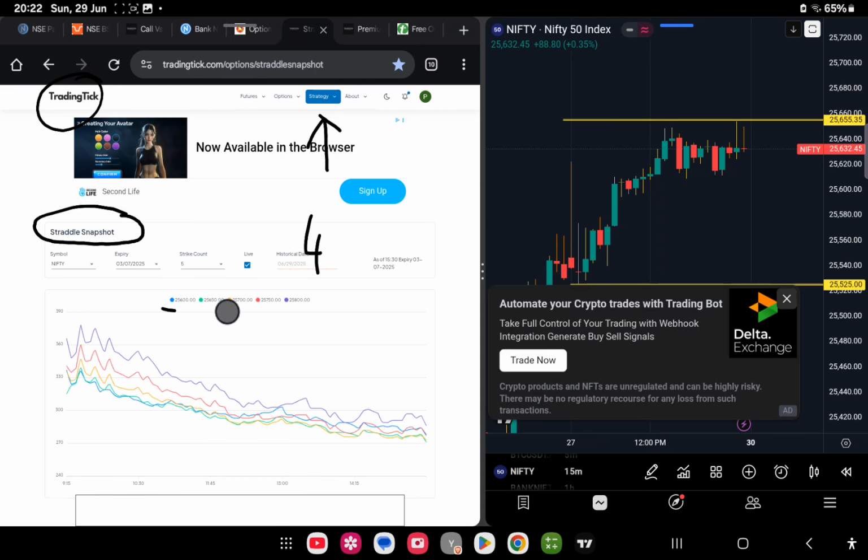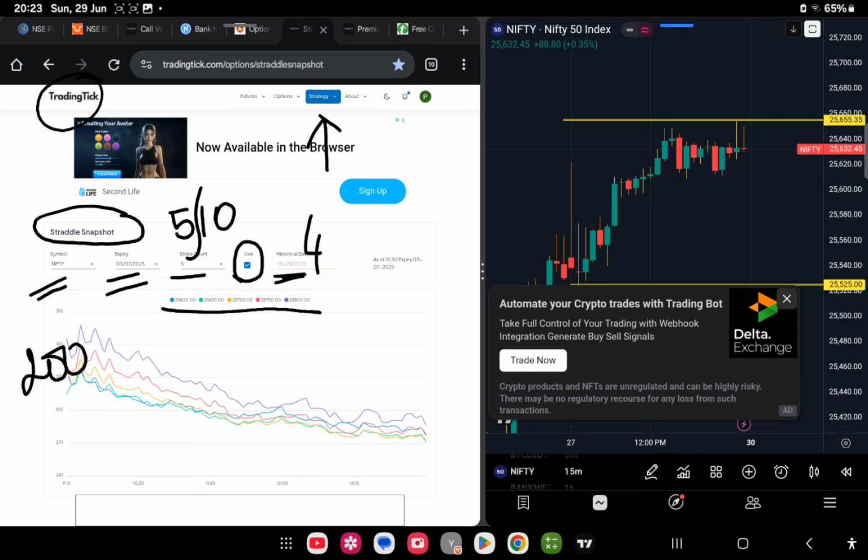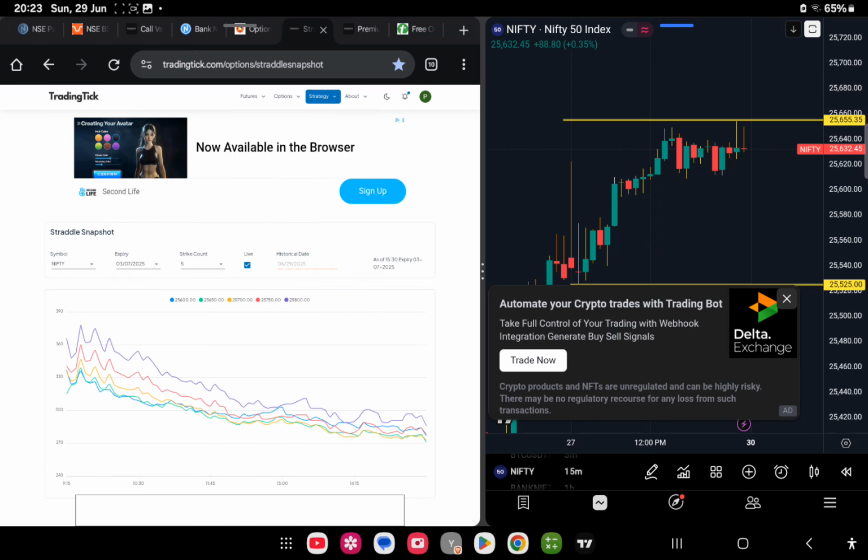Here are all the strike prices; this is the historical data, this is live data. Here you can increase the count by either 5 or 10, and this is the expiry, and this is the symbol, whether it is Nifty, Bank Nifty, or all the 200 stocks which are listed in futures, which have a futures facility. Not all stocks will have a futures facility. We'll check that in a minute.